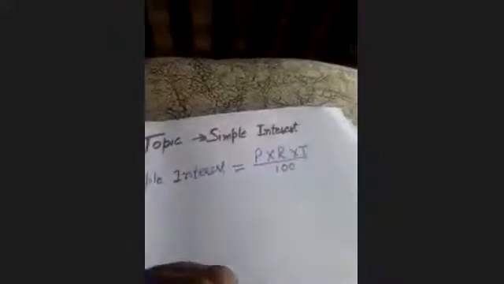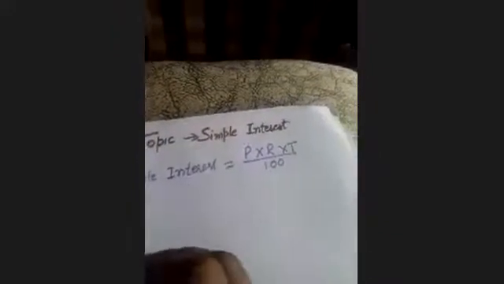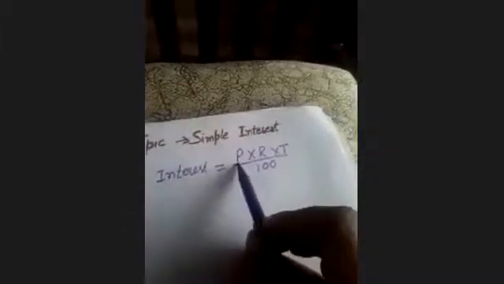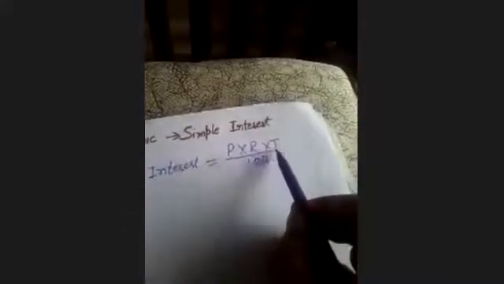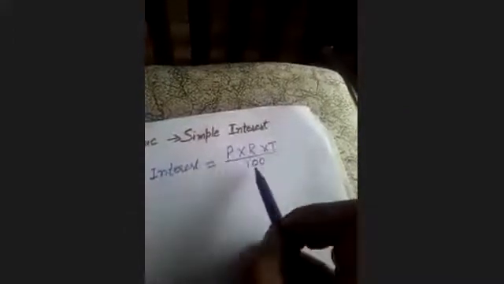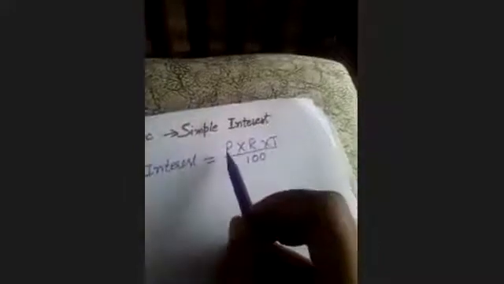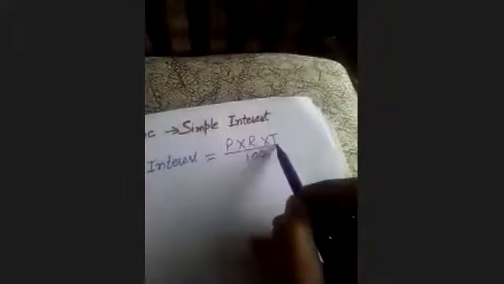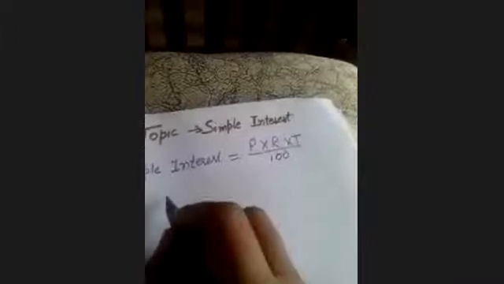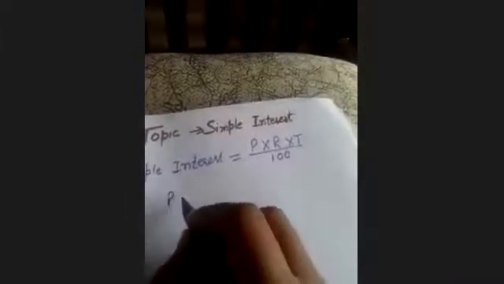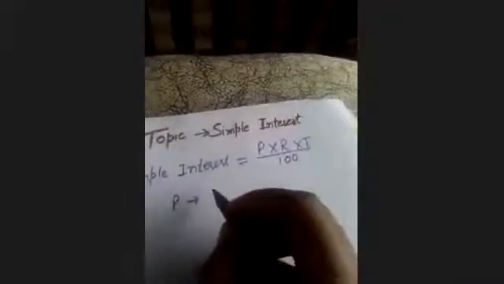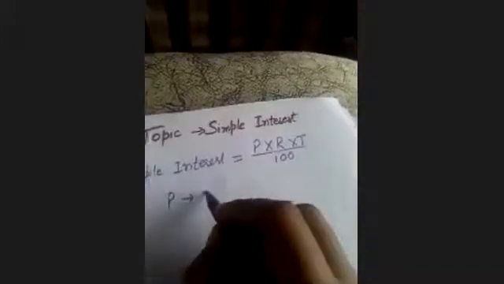So how can we find simple interest? To find simple interest, we use P into R into T divided by 100. So here, students, what are P, R and T? P means principal amount.